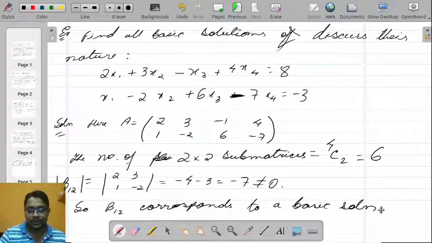So how will you find out this solution? B12 corresponds to which two variables? X1 and X2 only. So we have to take X3 and X4 as 0, right?